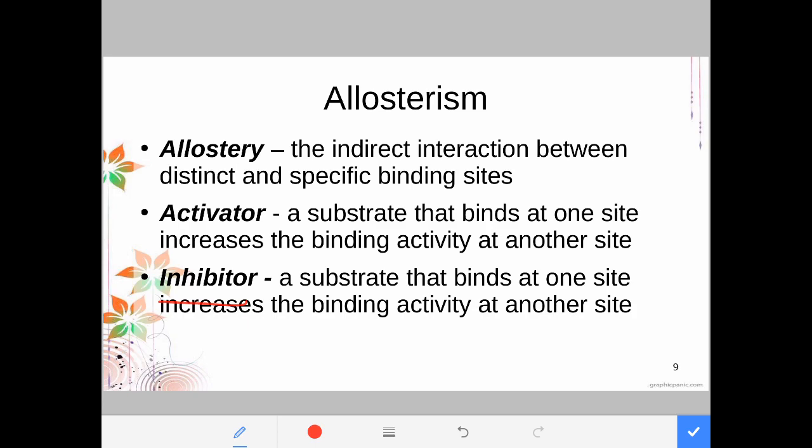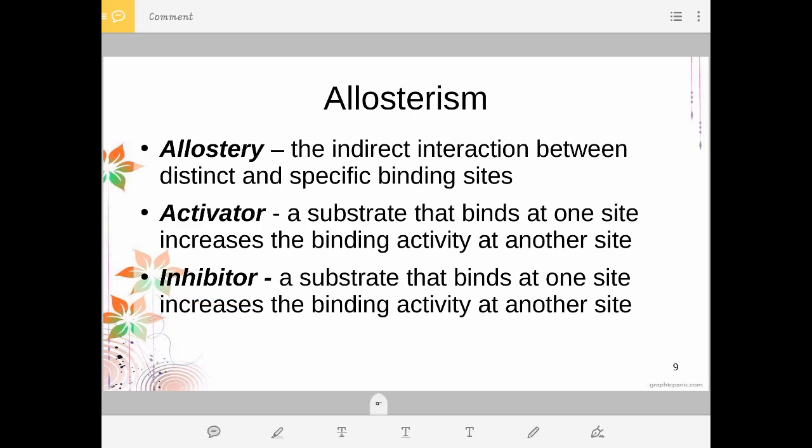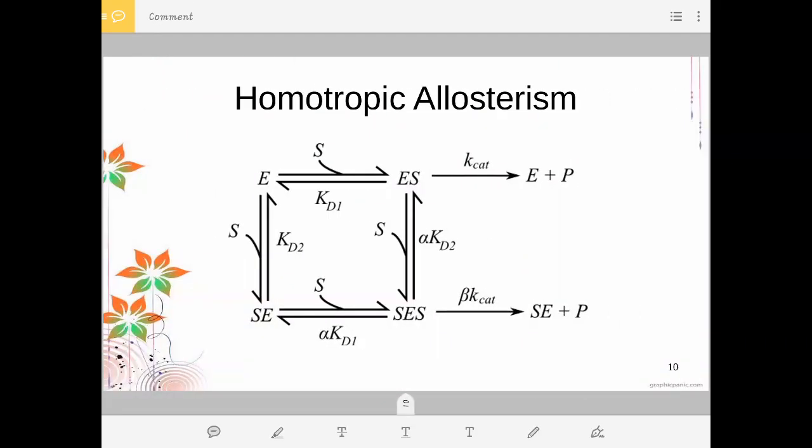In this model, we simplify this such that we will discuss homotropic allosterism, a simplified model where you have only one type of substrate. That substrate can either act as an inhibitor to its own peers, which are other substrates, or it can be an activator to the other substrates.